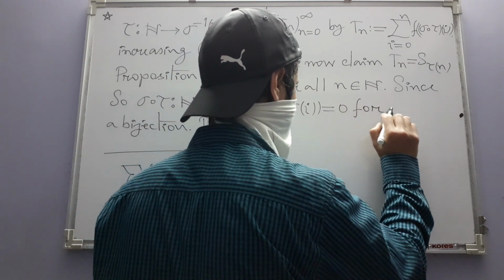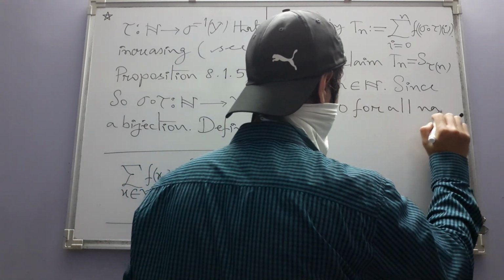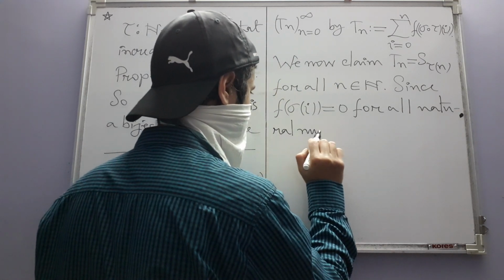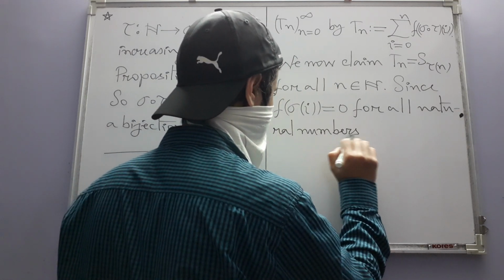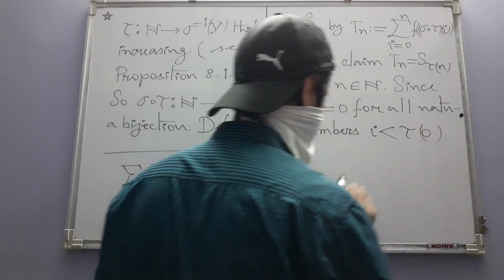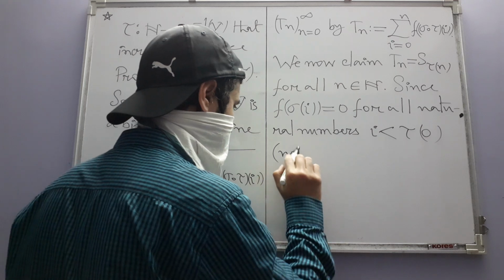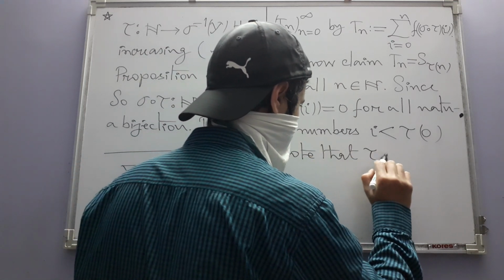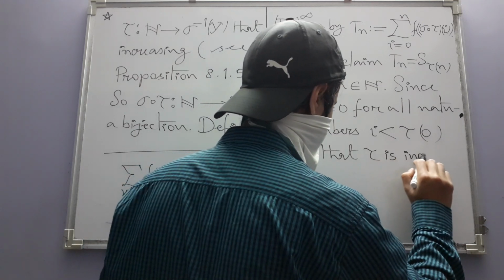For all natural numbers I less than tau of 0, note that tau is increasing.